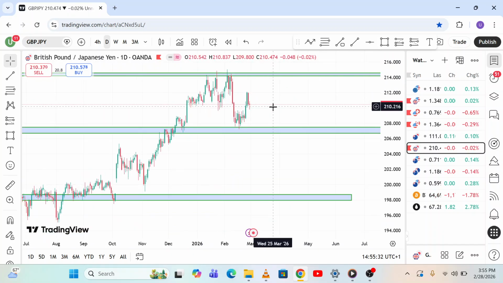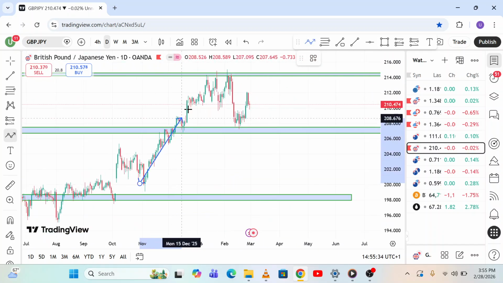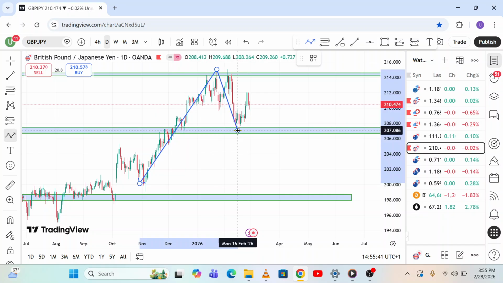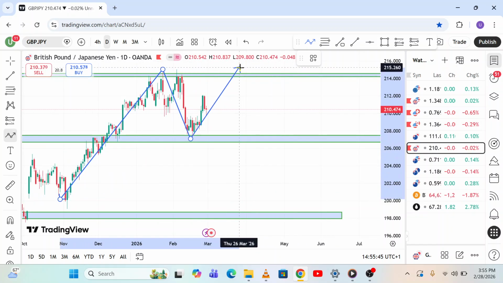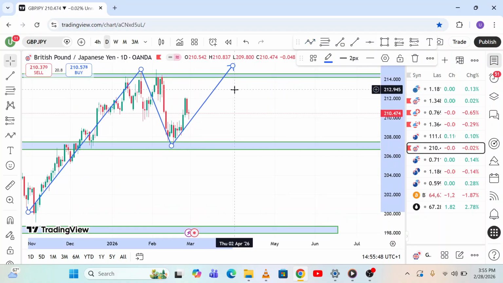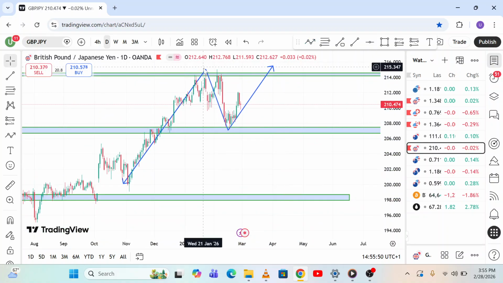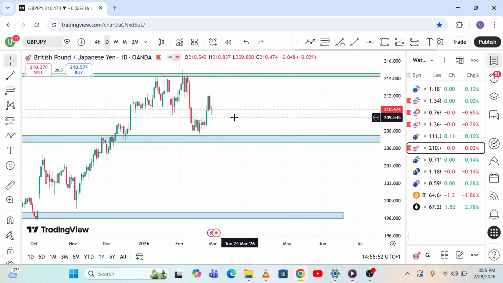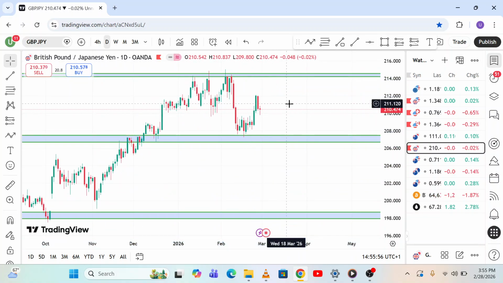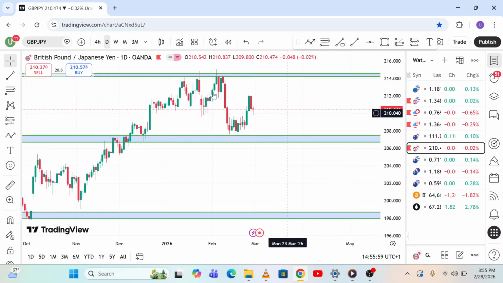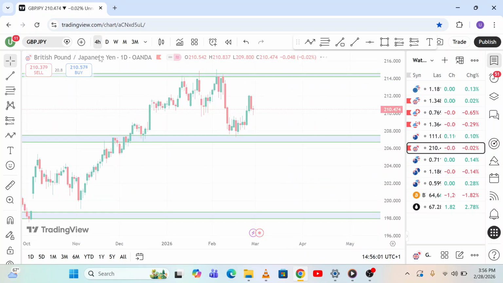The buyers managed to break the weekly zone, a break of structure, and then a retest, and we can expect that the market can keep going upward, so we can look for buying. The retest has already been completed on the daily structure. Let's go to the 4-hour time frame to see what's going on.